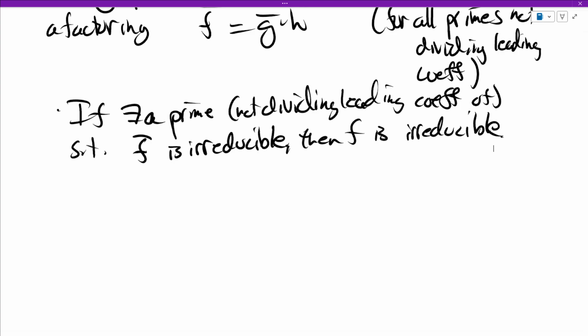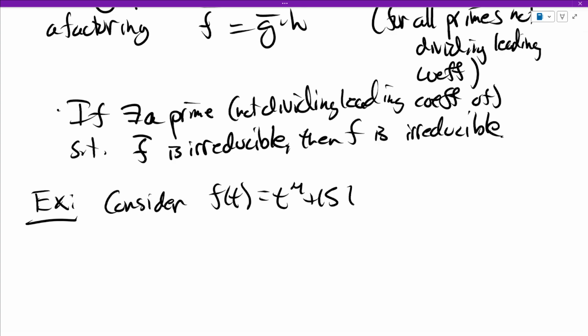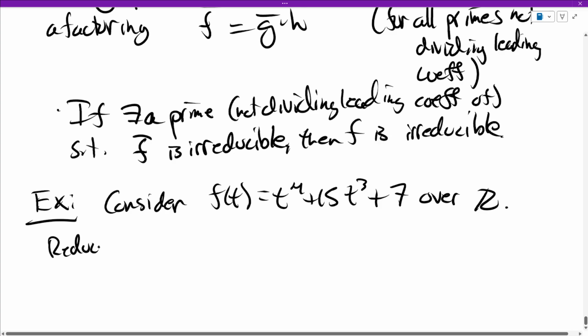This is fantastic. So let's do an example of this. Let's consider the polynomial f of t is t to the fourth plus 15t cubed plus 7 over Z. And what we're going to do is simplify this a touch. We're going to reduce modulo 5.